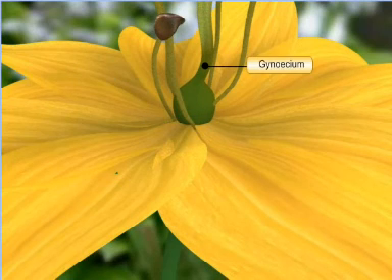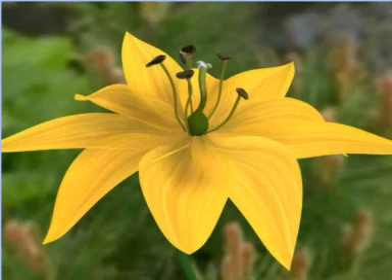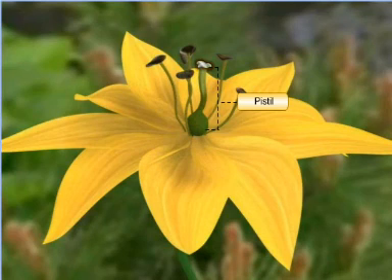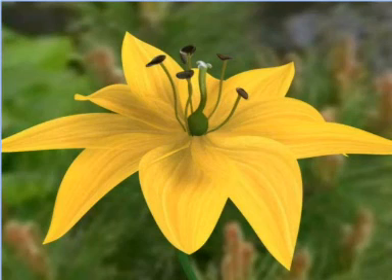Gynoecium is the female reproductive whorl of the flower. A gynoecium is composed of one or more pistils, and each pistil consists of a stigma, style, and an ovary. The ovary contains ovules, and after fertilization, these ovules are converted into fruits.